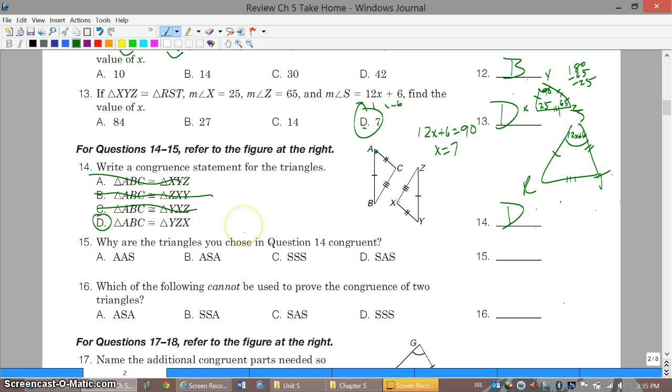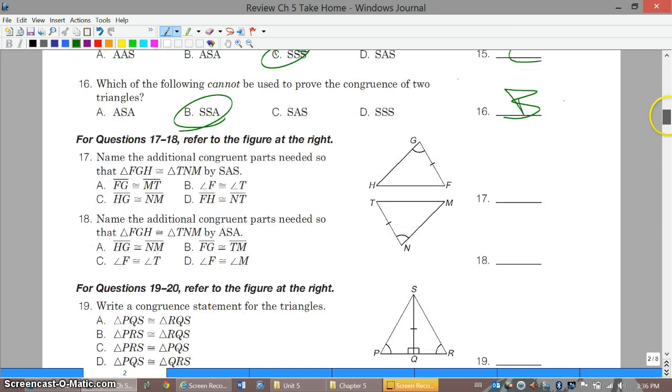So why are these triangles congruent? Well, there's SSS, side, side, side. Name the additional congruent parts needed so that the triangles are congruent by SAS.